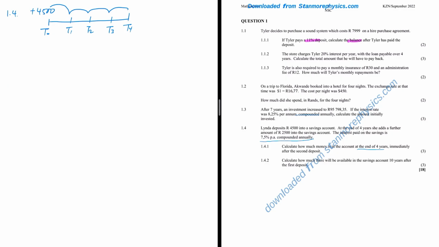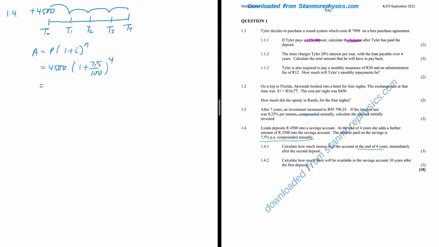So let's first figure out how much that 4,500 Rand grows to. We're going to say A is equal to P into 1 plus i to the power n, since it is compounded. So 4,500 into 1 plus the interest rate, 7.5 over 100, to the power of 4.